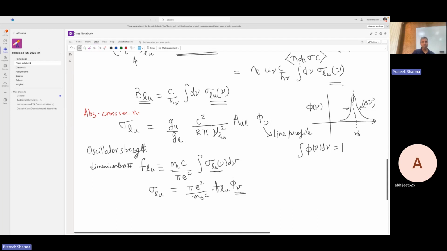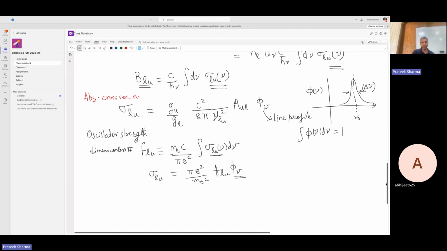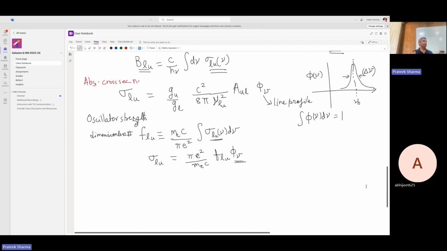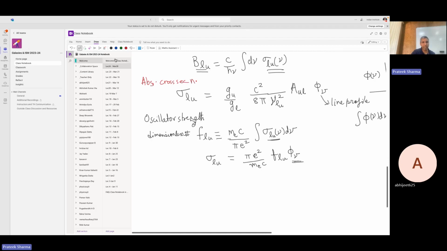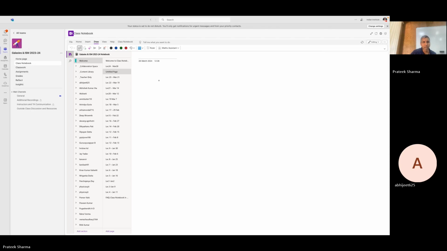The frequency dependence of the cross section goes in the line profile. Line profile is actually extremely important, and we will come to that now. Since there's lag happening, I will start a new page and start writing here.